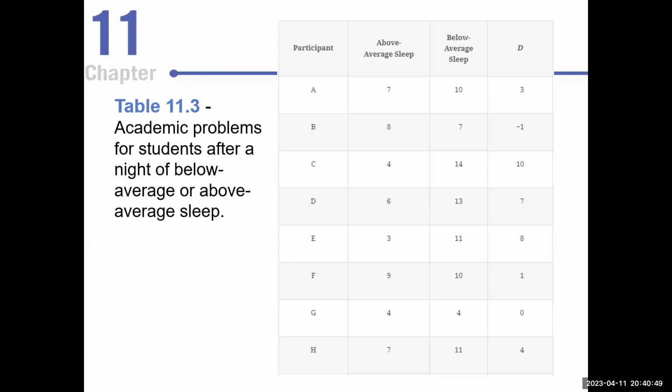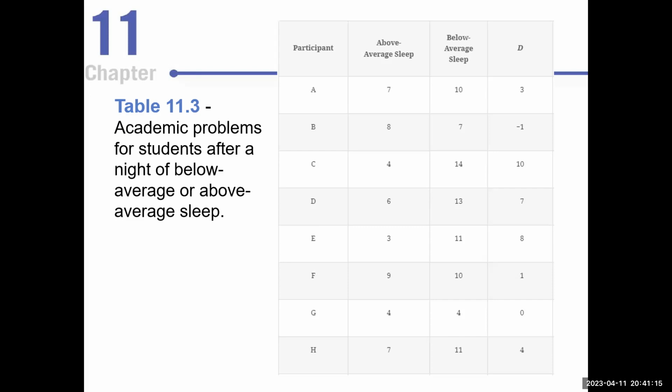The primary result from the study is that students reported more academic problems following nights with less than average sleep than they did after nights with more than average sleep, especially for older students. Okay, so again, this is a research study, and recently a researcher attempted to replicate the study using a sample of n equals 8 college freshmen and obtained the data that you see here.